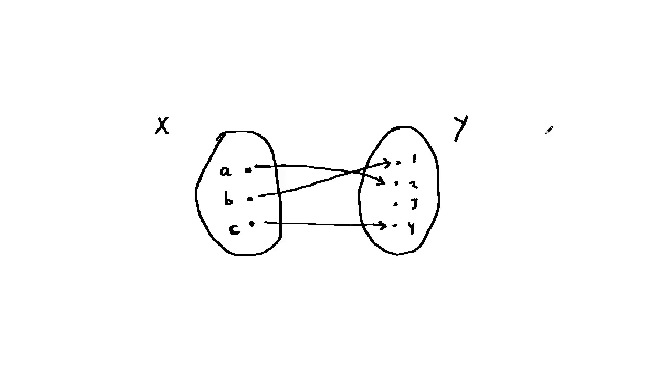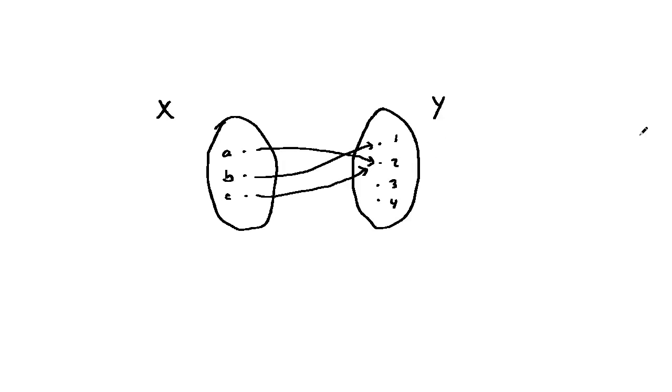For example, consider this function. This is a one-to-one function because no two elements in X get sent to the same element in Y. a gets sent to 2, b gets sent to 1, and c gets sent to 4. In contrast, look at this function. a gets sent to 2, b gets sent to 1, and c gets sent to 2.